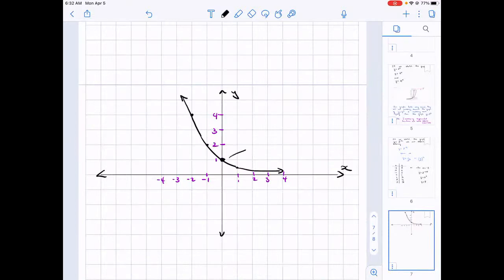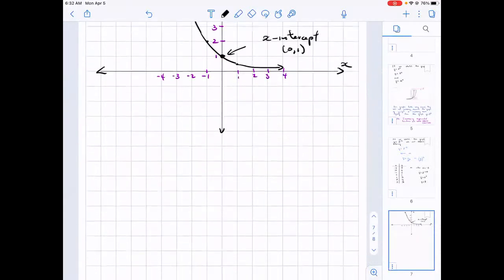The x-intercept is still 0, 1. We still have an x-intercept of 0, 1. And once again, the graph never touches the x-axis.